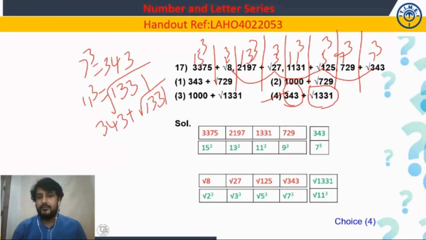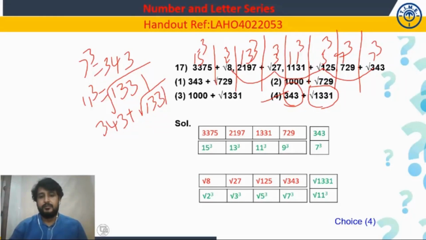Don't get confused about the plus and the square root. There is not much importance for those two operators. Consecutive odd numbers in decreasing order starting from 15 and consecutive prime numbers in increasing order starting from 2. So finally 7 cube plus under root of 11 cube, that is 343 plus root of 1331.